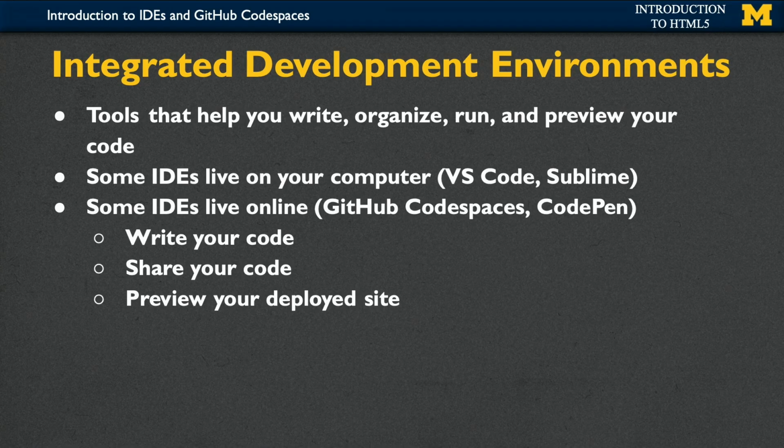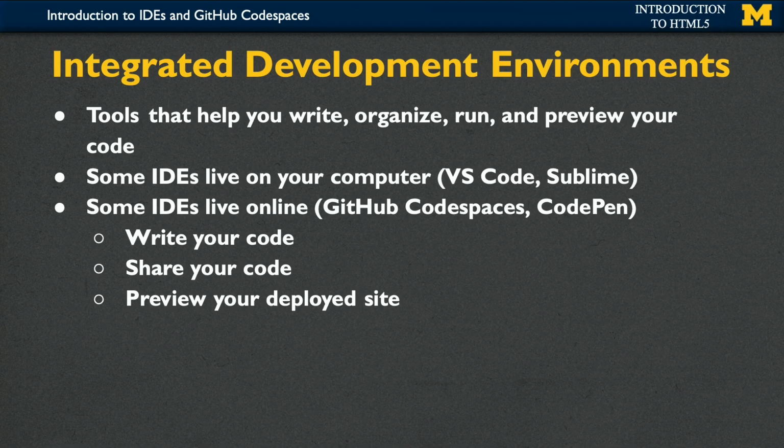Now, IDEs come in two main types. Some IDEs live on your computer, like Visual Studio Code or Sublime Text. These tools are great when you're working offline, meaning you don't have internet connection, or when you want something fully installed on your machine. Other IDEs live online, inside your browser, like GitHub Codespaces or CodePen.